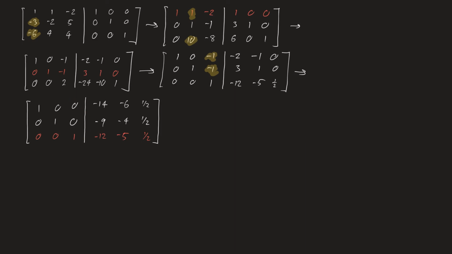We have fully transformed the identity matrix from the right side of our augmented matrix to the left side, which means everything on the right side of the vertical bar is our inverse matrix. Let me write that down. So A inverse is negative 14, negative 9, negative 12, negative 6, negative 4, negative 5, 1/2, 1/2, 1/2.